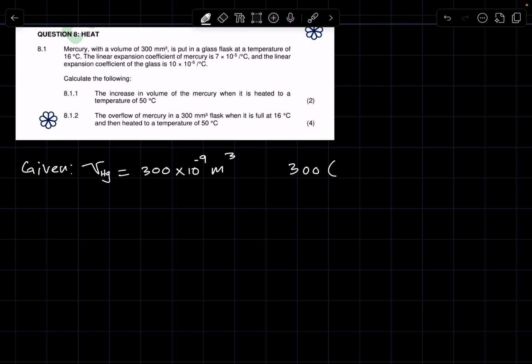So to convert, 1 millimeter is equal to 1 over 1000, which we can express as 1 times 10 to the negative 3 meters. And then remember that this is cubed, and of course 3 times negative 3 gives us negative 9. That is how you get this value.